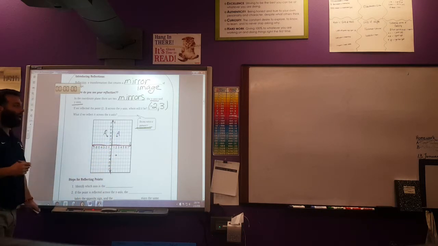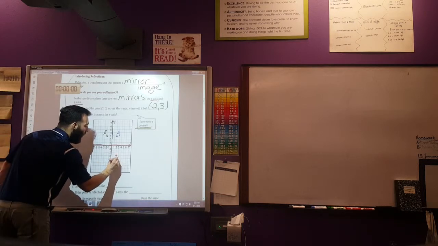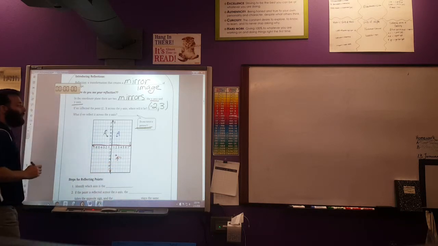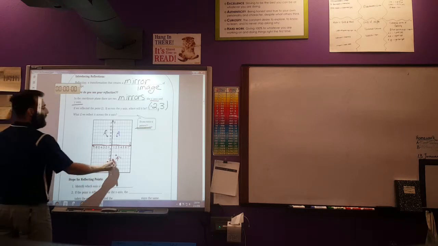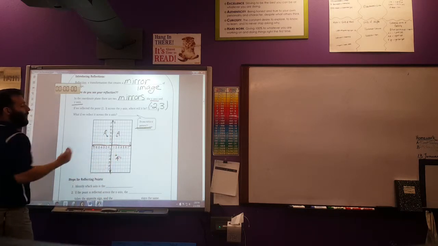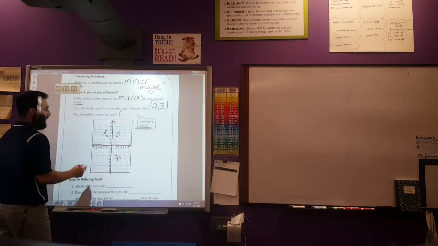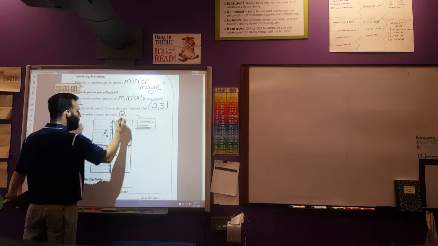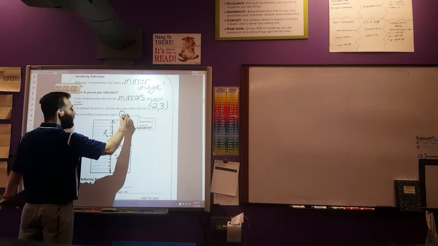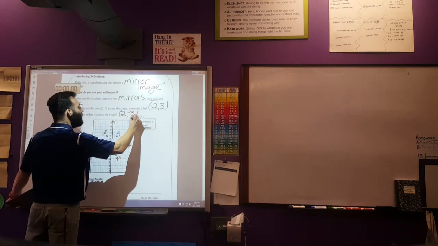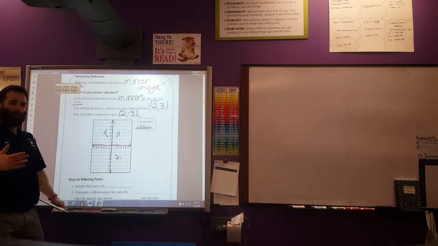And at this point, I'm going to put A with 2 hash marks. That just tells me that this is the second reflection of my first point A. And this point is located at 2, negative 3. Did you start to notice a pattern yet?